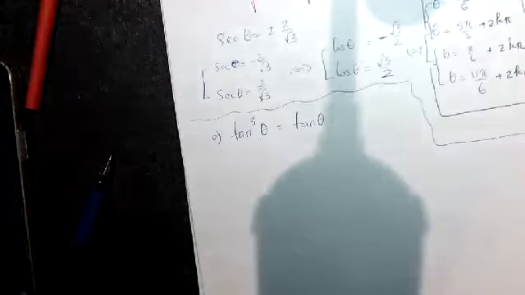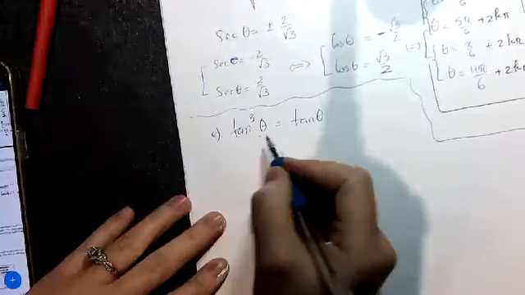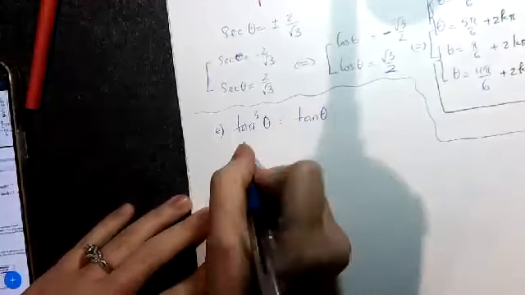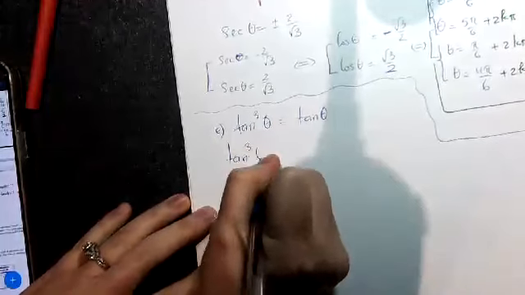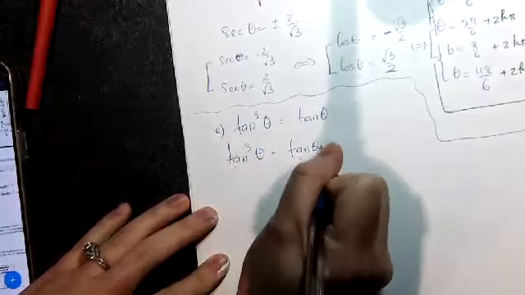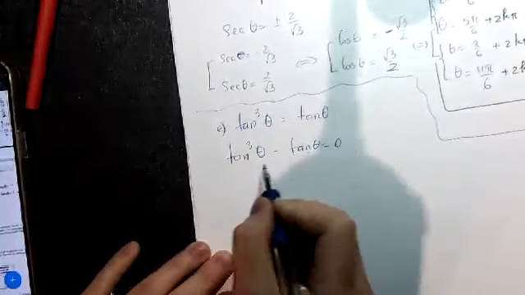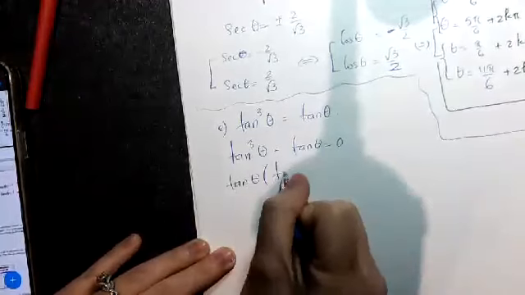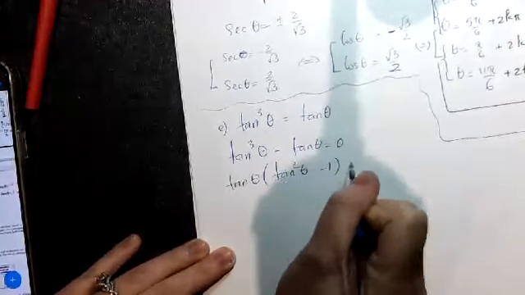So what we're going to do is what we do best. We subtract the other side and factor it out. So tangent theta minus tangent theta equals 0, and then you can factor out one of them. Tangent theta times tangent squared theta minus 1.